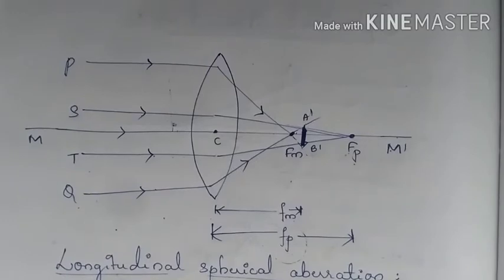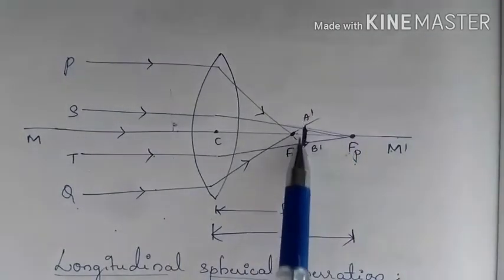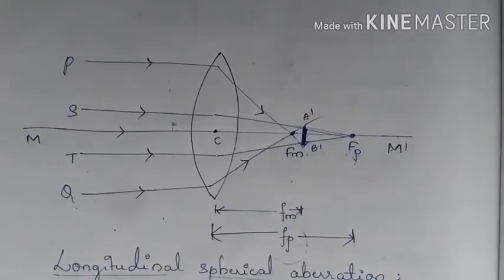To get where the image is formed, we extend the marginal rays, and when these rays intersect the paraxial rays, there will be the formation of image A prime, B prime.